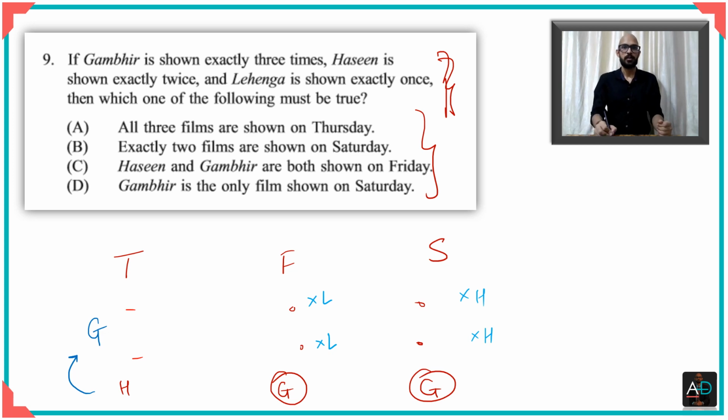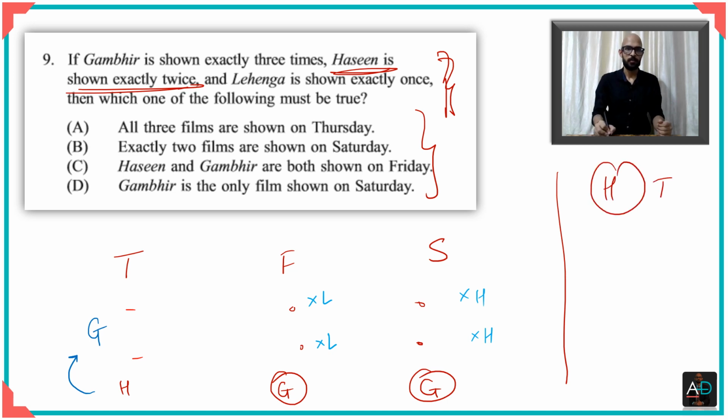Now let's look at the next information that is given to us in the question. It says that Haseen is shown exactly twice. Now, Haseen is already shown once on Thursday. This is what we already know. So here we already have Haseen on Thursday.